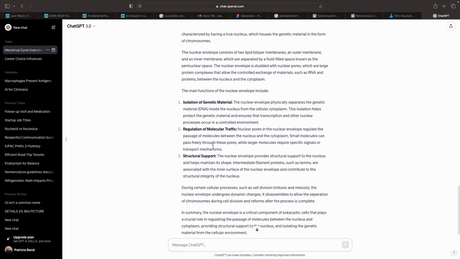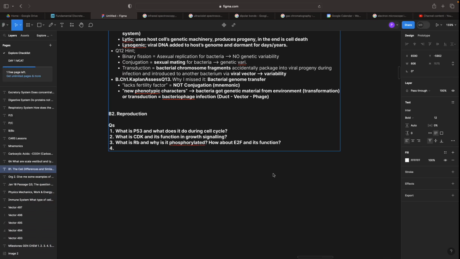The three functions of the nuclear envelope are the isolation of genetic material, regulation of molecular traffic, and structural support. Intermediate filament proteins such as lamins are associated with the inner surface of the nuclear envelope and contribute to the structural integrity of the nucleus.